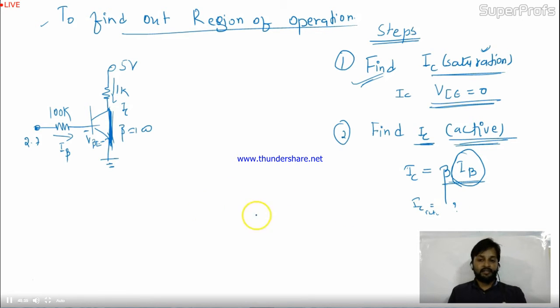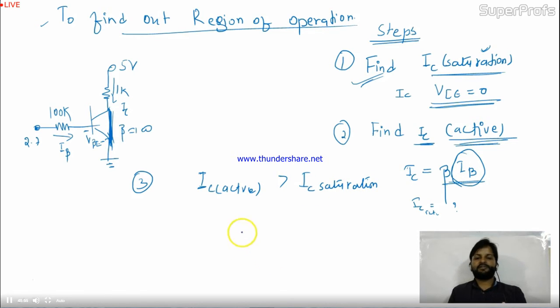Now in the third stage you will check the condition. Suppose you find that IC active is greater than IC saturation. This is not possible. Why not possible? Because the saturation current is the max current in any transistor.